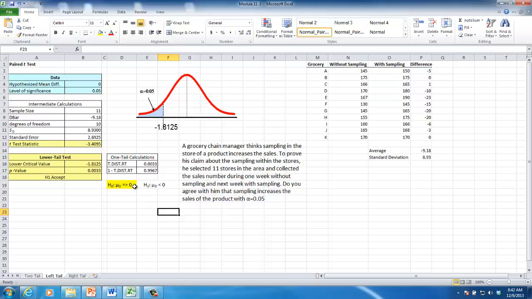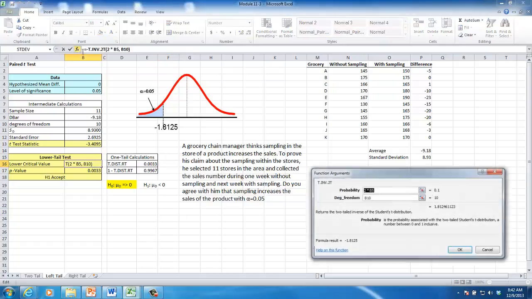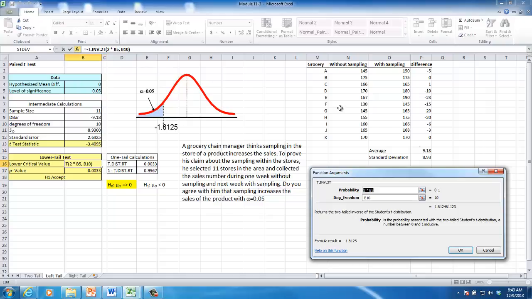Once we set up our hypothesis, the second step is to find the critical value. In order to find the critical value, we're going to use again the t-test function, T.INV.2T. The probability should be multiplied by 2 because it is one tail. If this was two tail, then we would use only B5, which is 0.05.